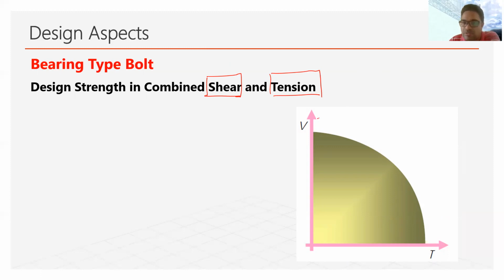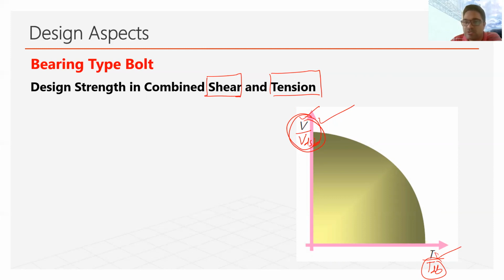This diagram you can see is the interaction diagram of shear force and tension force. Here shear is the ratio of the external shear force V and VDSB, and T is T by TdV. TdV is the design tension strength of the bolt, and VDSB is the design shear strength of the bolt.